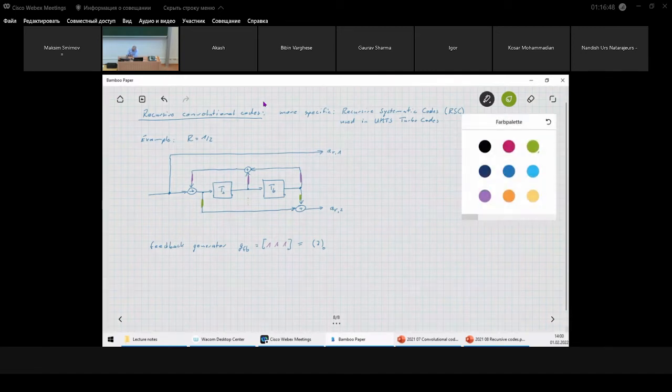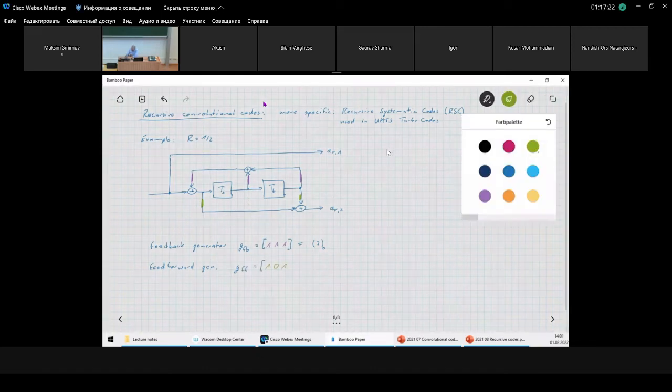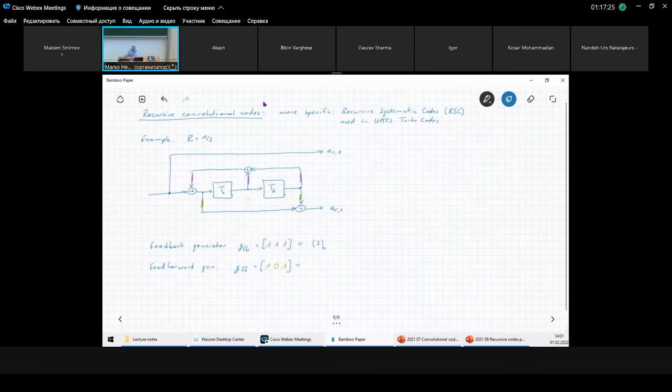Forward path. So this will be the feed-forward generator, and this one is 5 in octal.